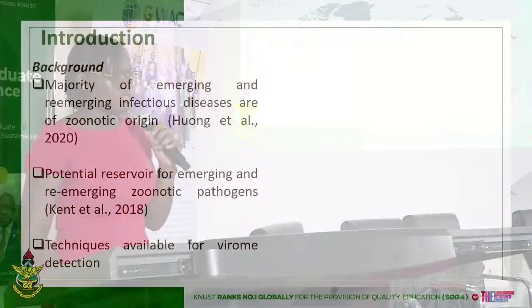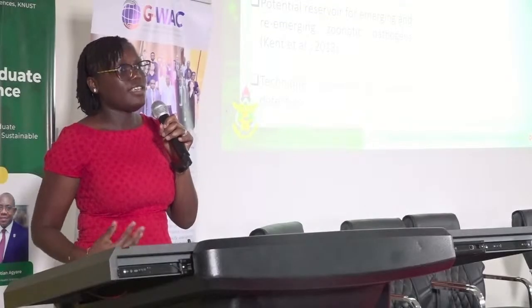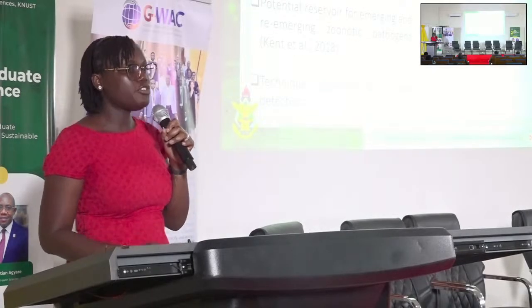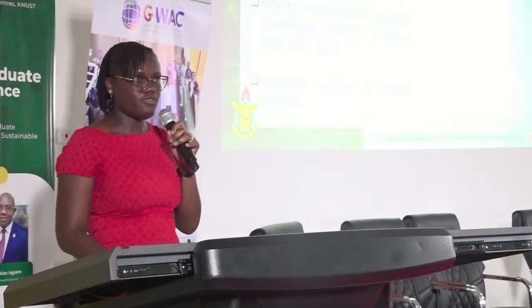So to begin with, about 60% of emerging and re-emerging infectious diseases affecting humans are said to have zoonotic origin. For the past decades, the high-impact pandemics and outbreaks which have affected humans have been as a result of introduction from livestock and wild animals as reservoirs.